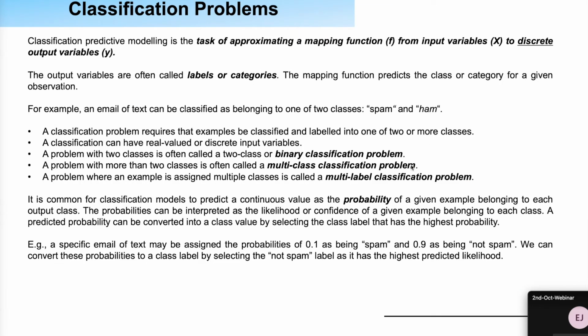From the example that I have given of regression problems, you would have understood that that is an example of supervised learning. Classification problems are also cases of supervised learning. Here also you will have a set of predictor features and a target feature.